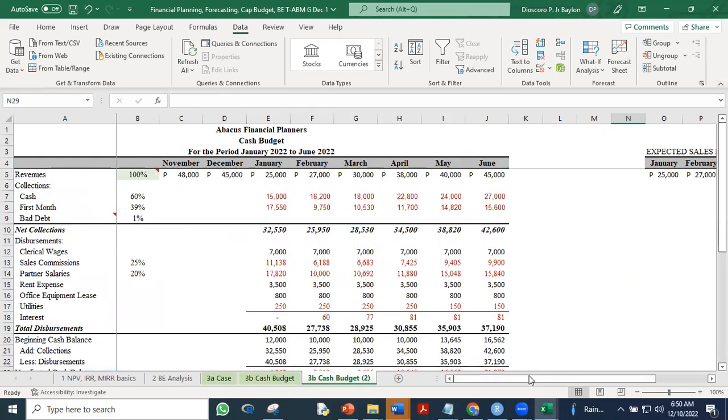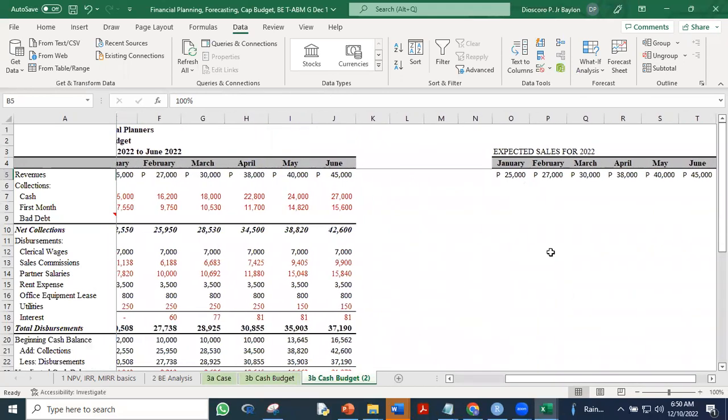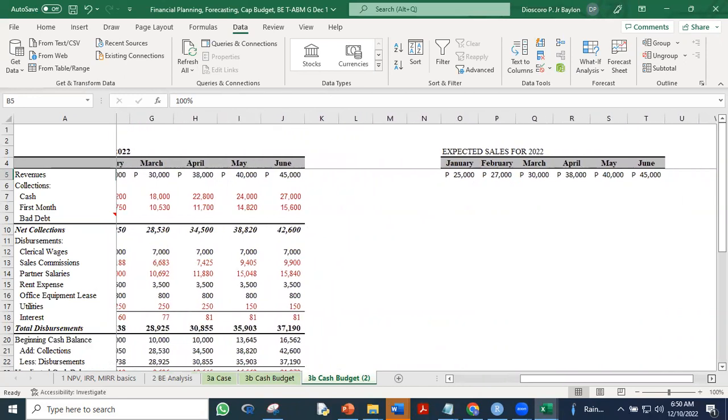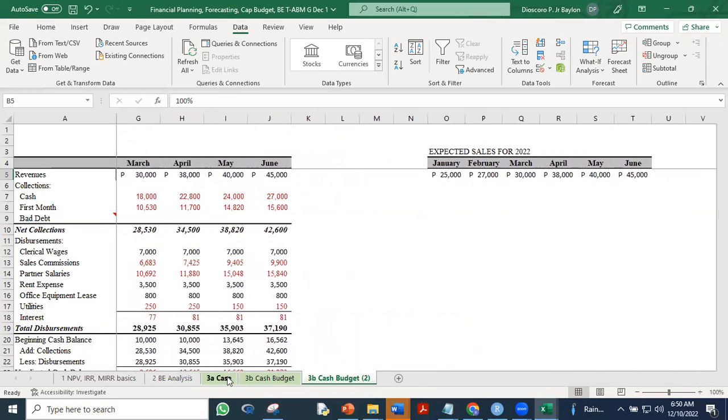Now take a look at how the model is done. Here, this is a cell that will now vary. Let's first take a look at how we model. This is our expected sales for 2022. This is the one given here.